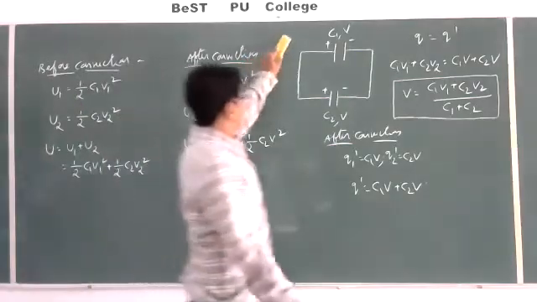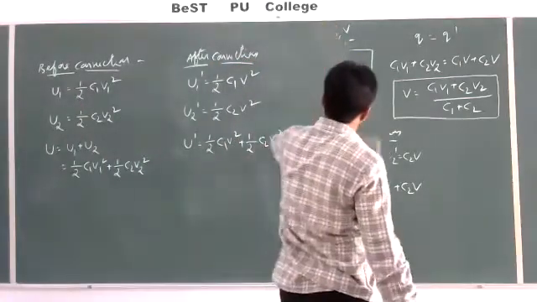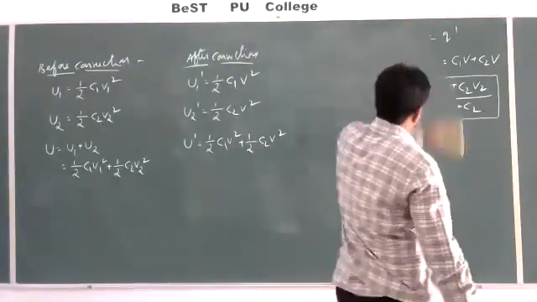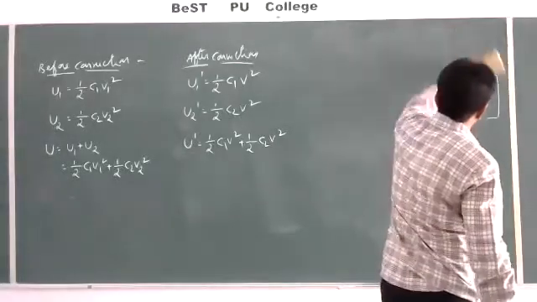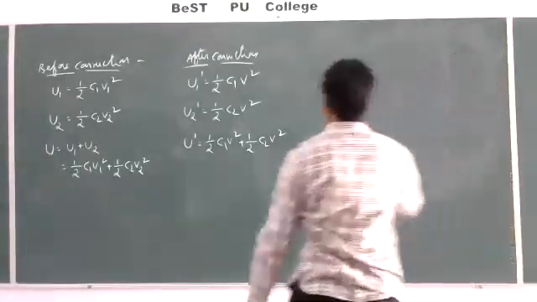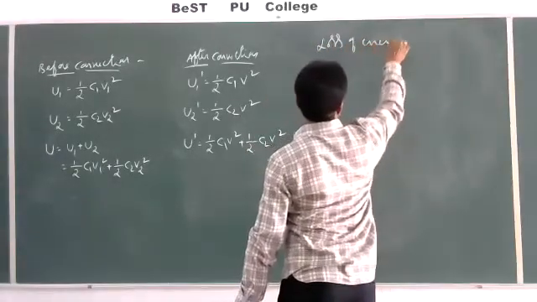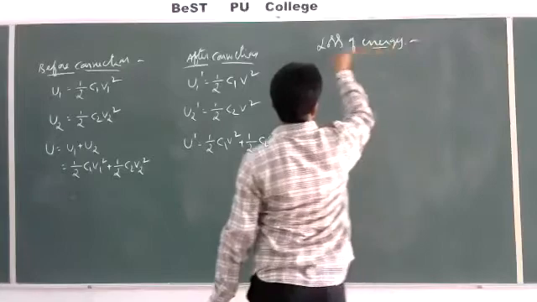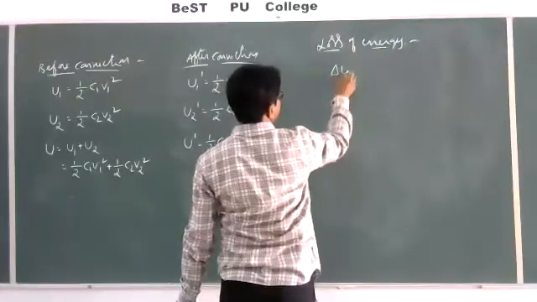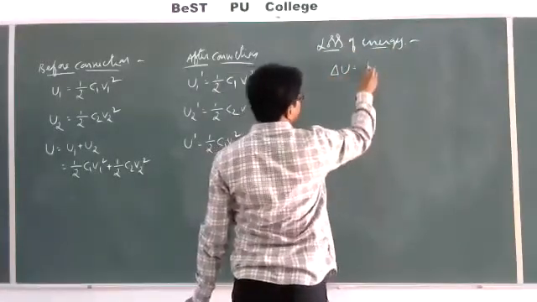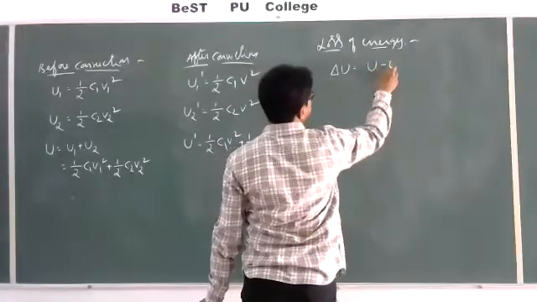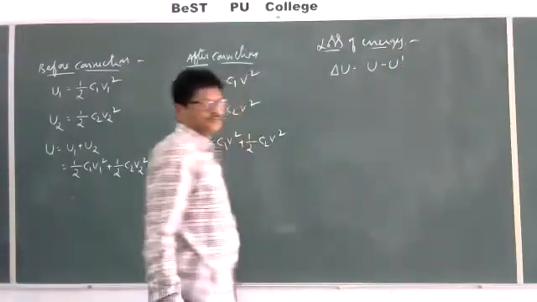Then loss of energy. How much energy is lost? Loss of energy, delta U, is equal to initial energy minus final energy.